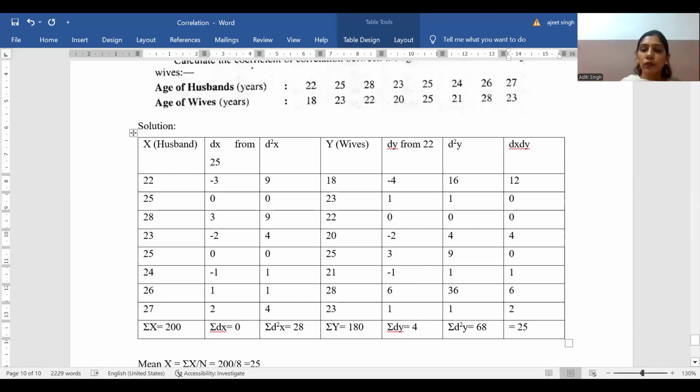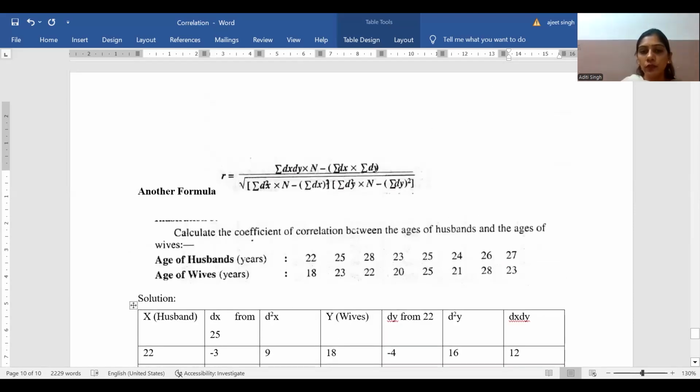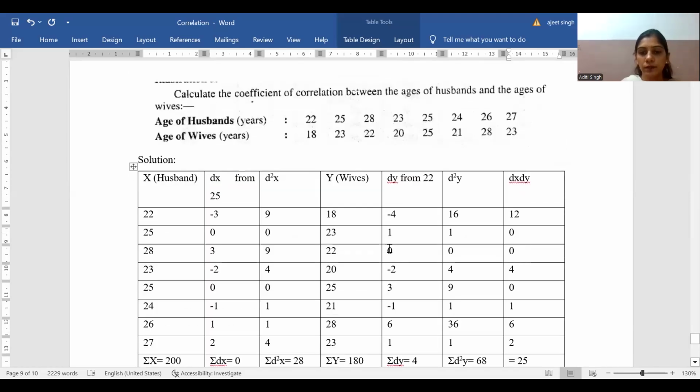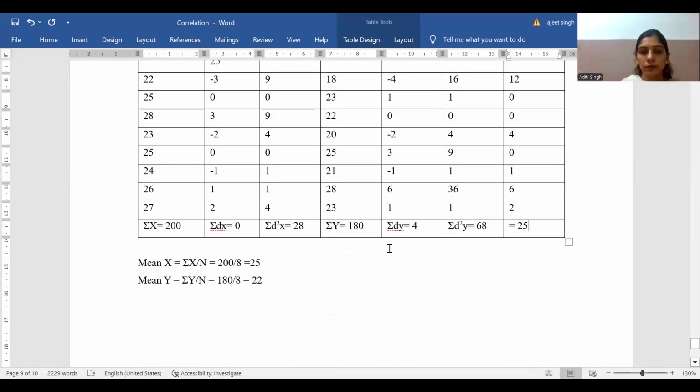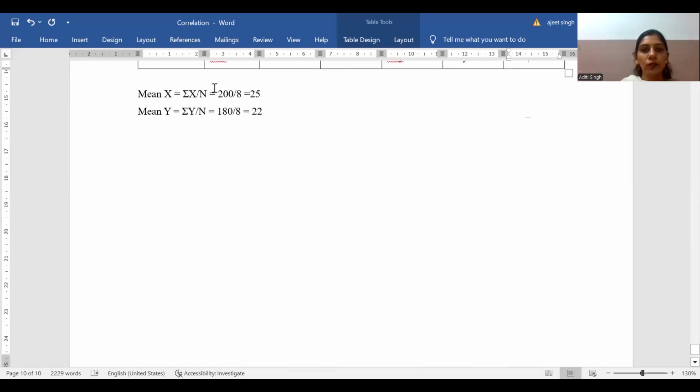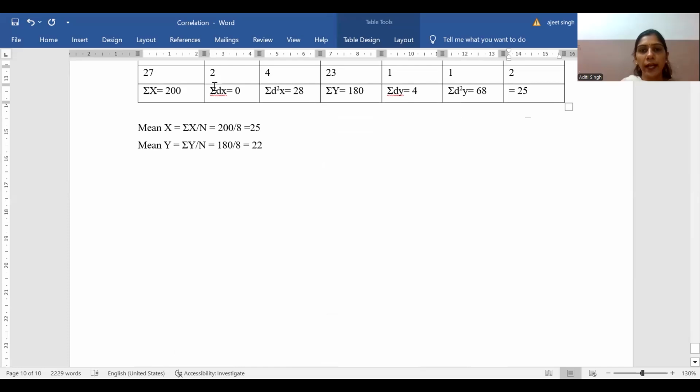Okay, so what we have to do now? We have to put all these values in this formula. So these are the values. So let's write the formula first.